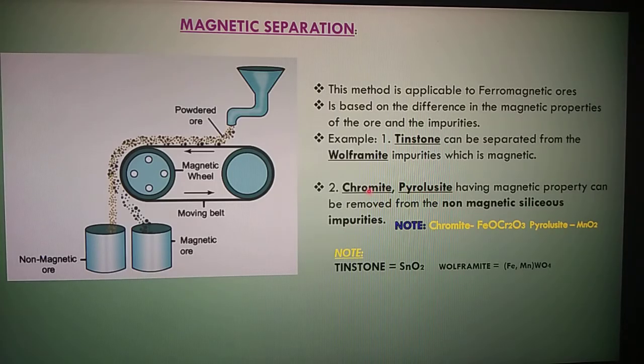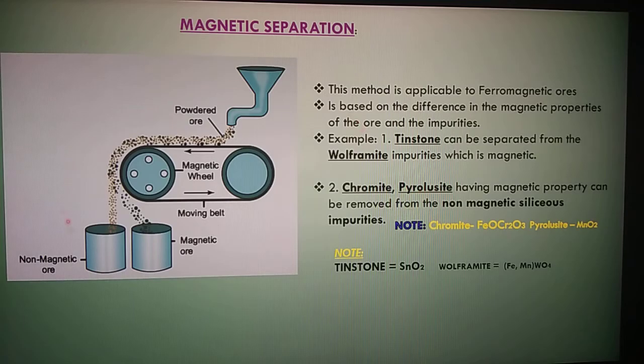I mean chromite ore. Chromite ore has two components. One is the ore component and another one is the gangue component. Here our ore is magnetic, but the gangue is non-magnetic. That's why the chromite ore is purified by using the magnetic separation process.